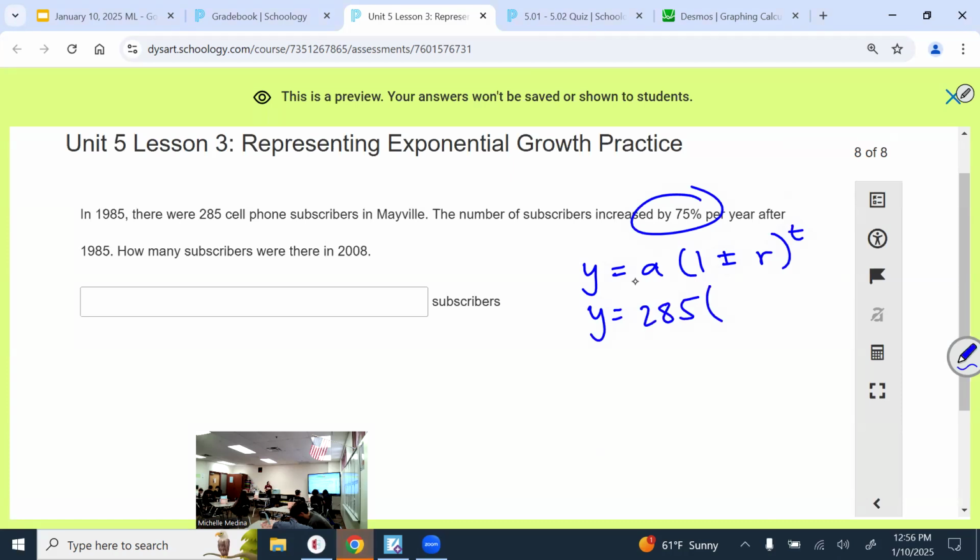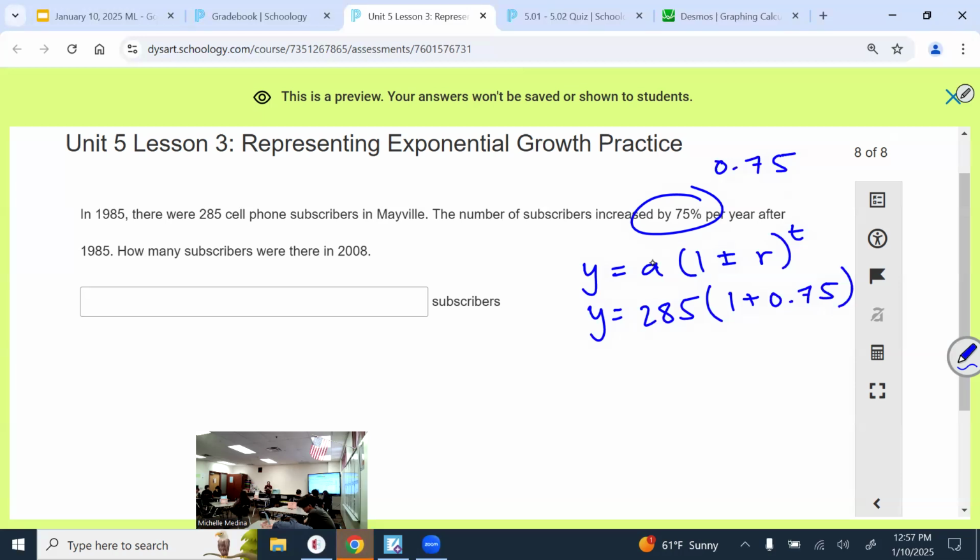Okay, good. In parentheses, it's going to be 1 plus or minus. Is it growing or decaying? Growing, so I'm going to put plus. This percentage as a decimal, with 75% as a decimal, 0.75, to the t power. What time frame are we looking at?